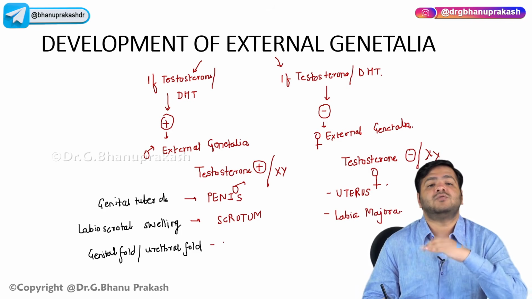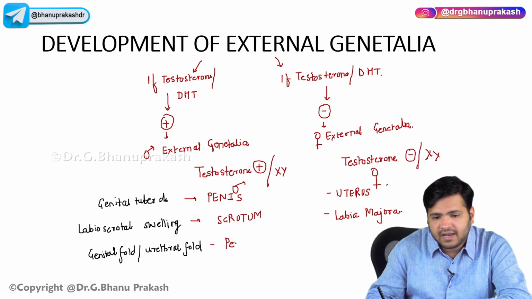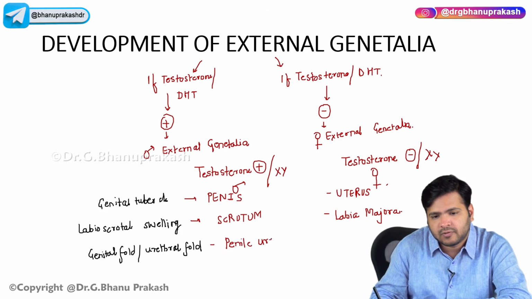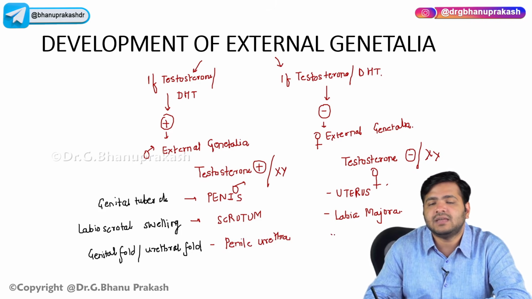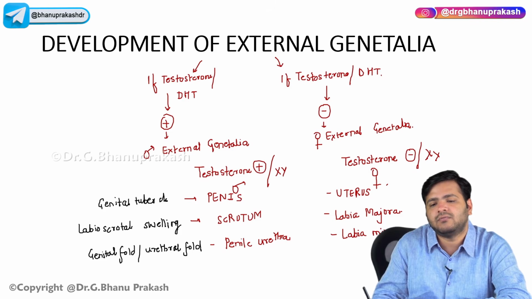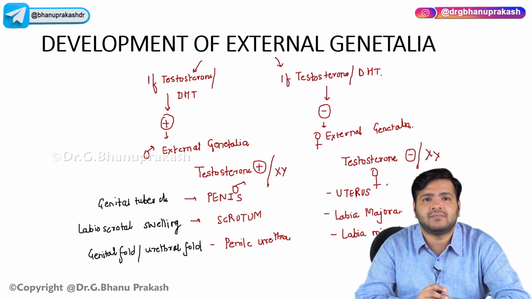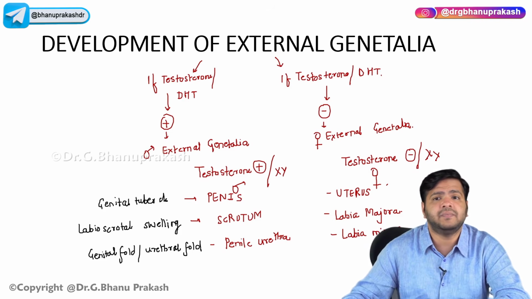The urethral fold or genital fold in males will give rise to the penile urethra, and in females it will give rise to the labia minora. So yes, that was about the external genitalia.